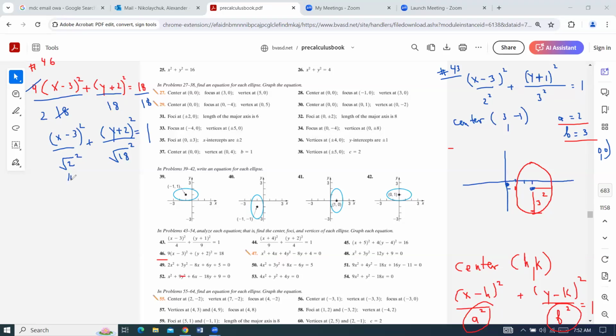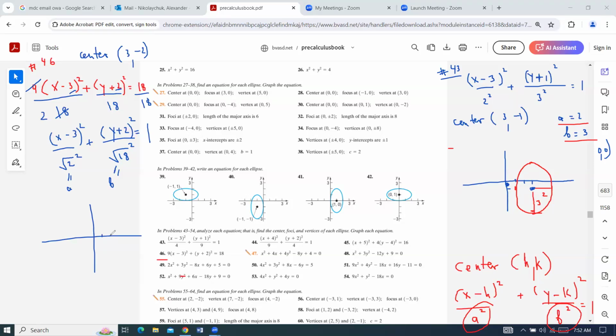And this way I can see what a and b are supposed to be equal to, right? A is always under x and b is always under y. So to graph this ellipse, I'm going to use the center, which is nicely given to us as the pair 3 and -2, right? We can see these numbers here. So change signs in the parentheses as usual.